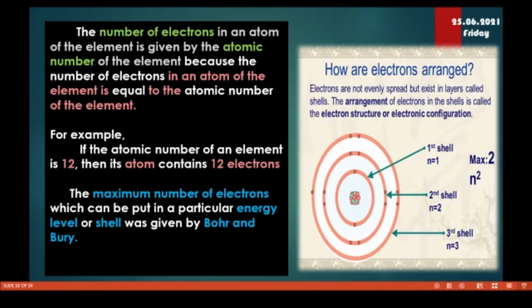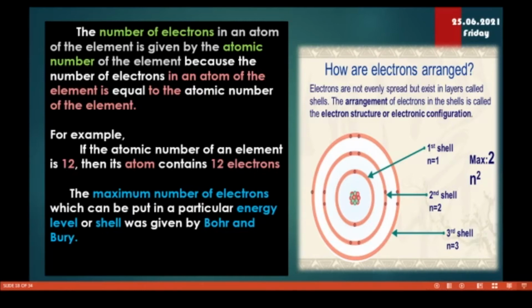The number of electrons in an atom of the element is given by the atomic number. That means if we take carbon, the atomic number is 6, so the number of electrons is also 6. If nitrogen's atomic number is 7, the number of electrons is also 7.